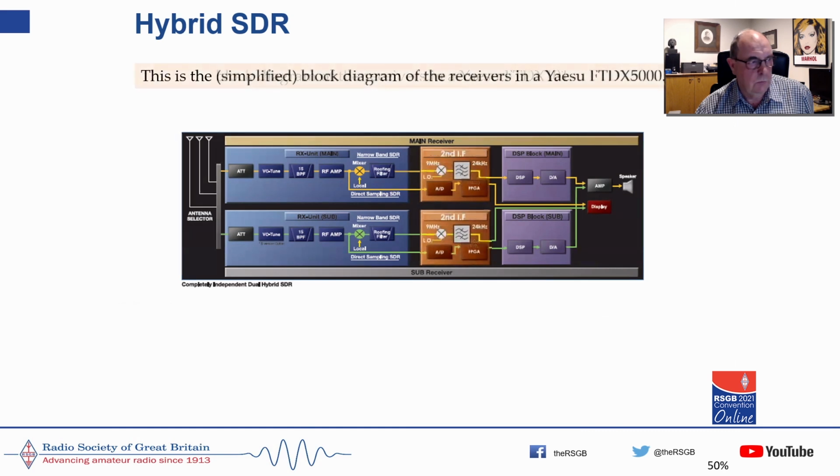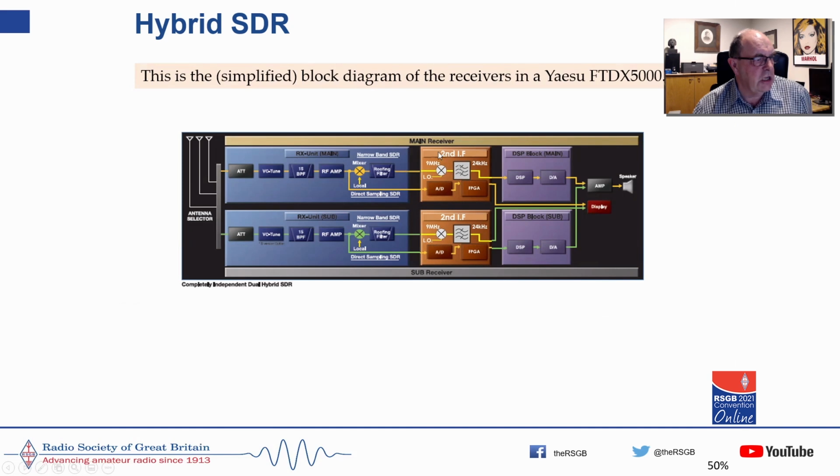Just for interest, this is the simplified block diagram of a Yaesu FTDX 5000, which is not an SDR. And you see that you've got the same IF and mixer and a local oscillator to produce an IF here.